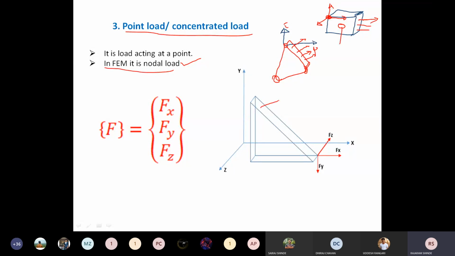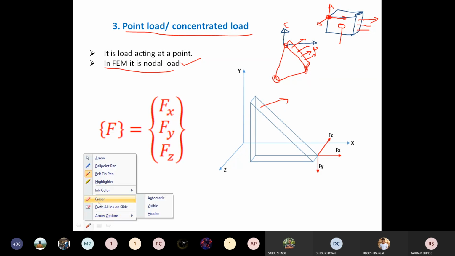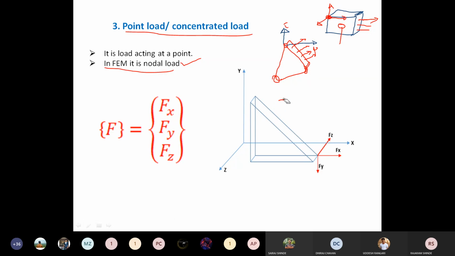Your pressure load is acting like this. Pressure load is acting like this.